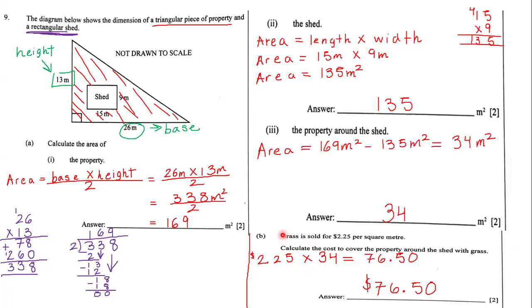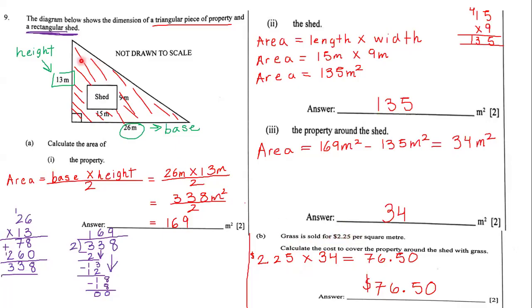No, sir. So they said that if you want to get grass per square meter, for 1 square meter of grass, it costs us $2.25. That's for 1 square meter of grass, right?